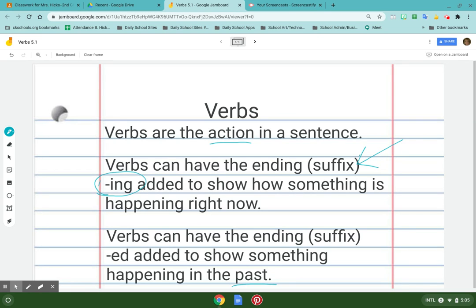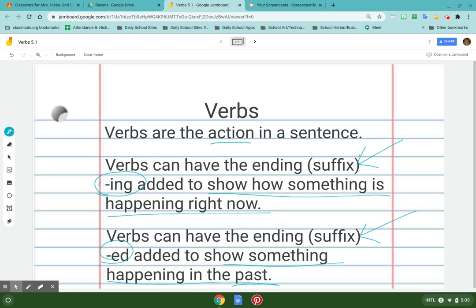And you're adding the ing to show how something is happening right now. All right? Now, the other suffix you can add, when you add the ed to it, you're talking about how something happened in the past.